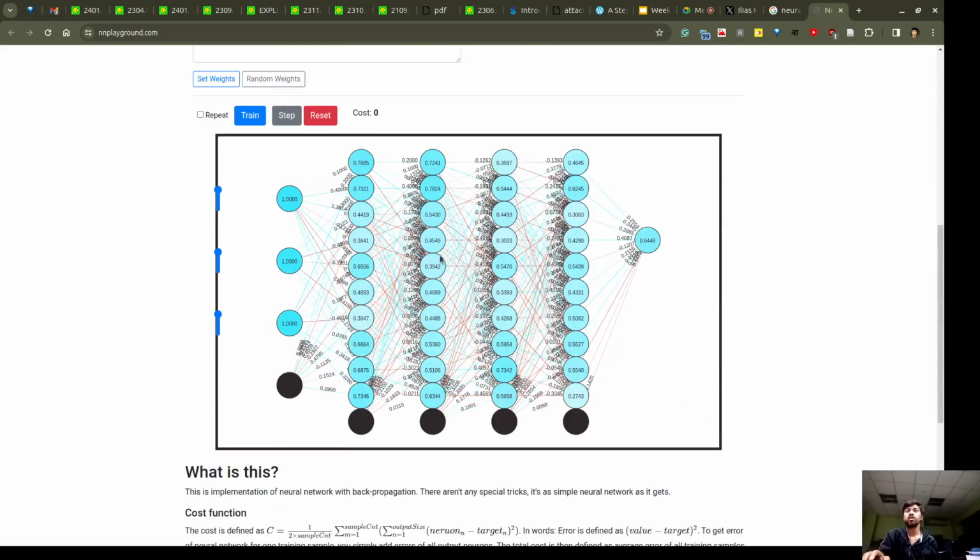So this is a little bit complicated to look at, but if you just consider here, we have 10 nodes here, and we are considering a bias term for everything.